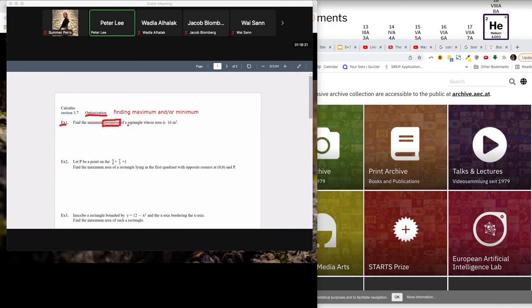And then it says this problem is about a rectangle. So let me now draw a rectangle right here.